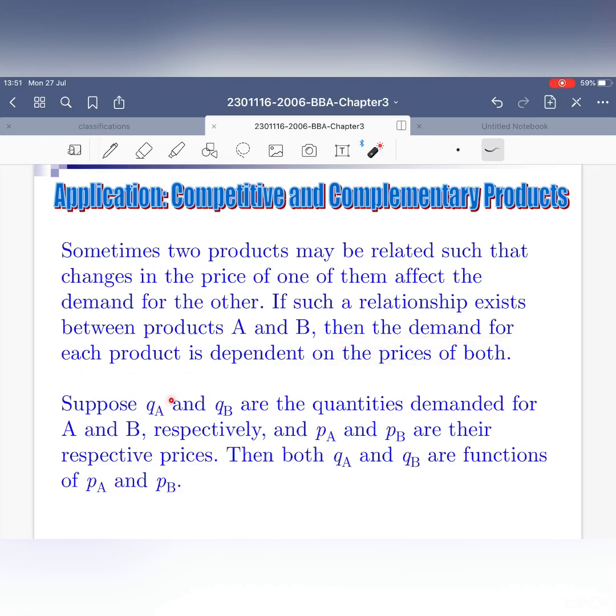So for example, let Q sub A be the quantity demanded for product A, and Q sub B the quantity demanded for product B, and of course P sub A is the price per unit of product A, and P sub B is the price per unit of product B. Then usually Q sub A is a function of both prices P sub A and P sub B, and Q sub B depends on both P sub A and P sub B, right?